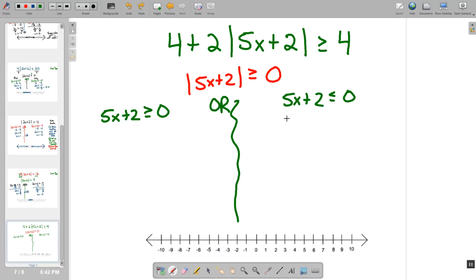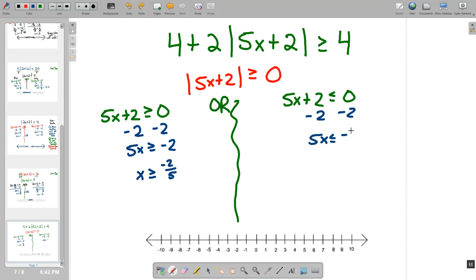So once again, I see something weird is going to happen here. We're not sure where yet. But after I solve my equation, I get 5x is greater than or equal to negative 2, and x is greater than or equal to negative 2/5. On the right side, I'm going to get the exact same thing, except that it's less than or equal to negative 2/5.